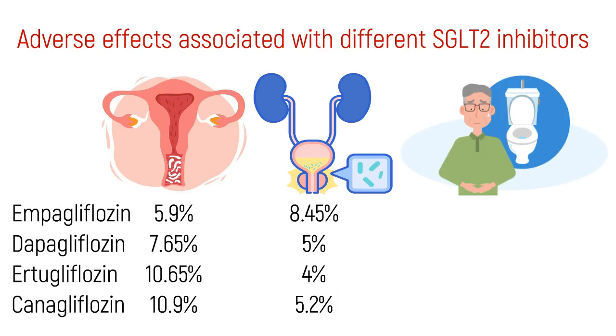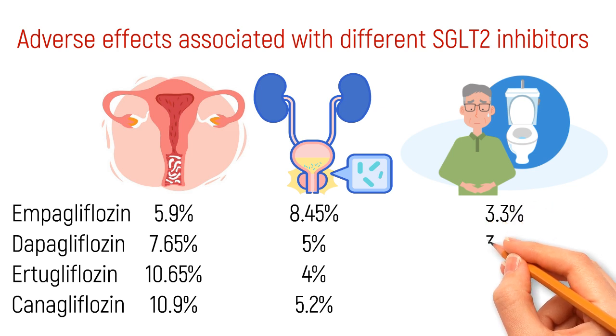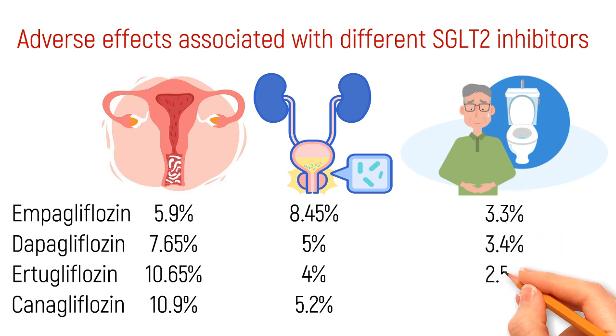And lastly, regarding the increased urination, it's experienced by 3.3% of those on empagliflozin, 3.4% with dapagliflozin, 2.5% with ertugliflozin, and 4.8% with canagliflozin.